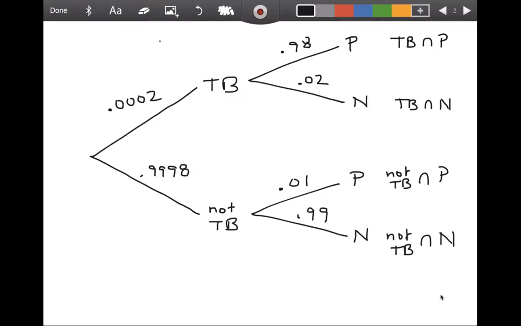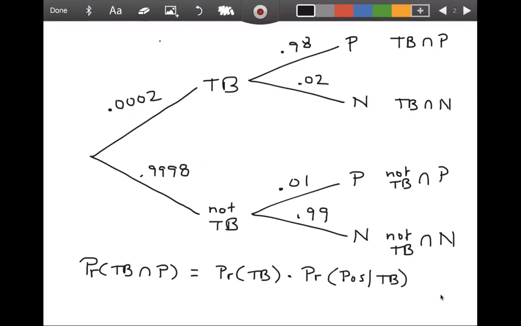All right. So by the product rule, I believe we called it the product rule from the last section. For example, that said that the probability the person has TB and tests positive is equal to the probability that they have TB times the probability that they test positive given that they have TB.